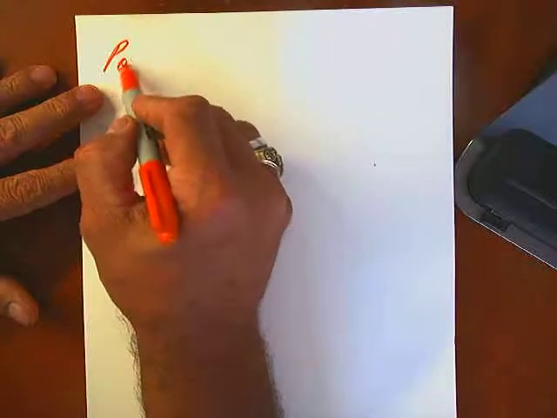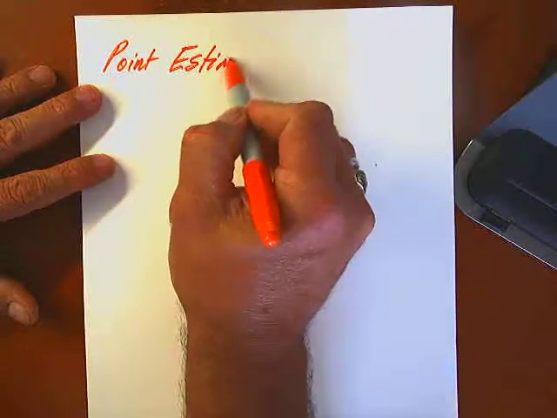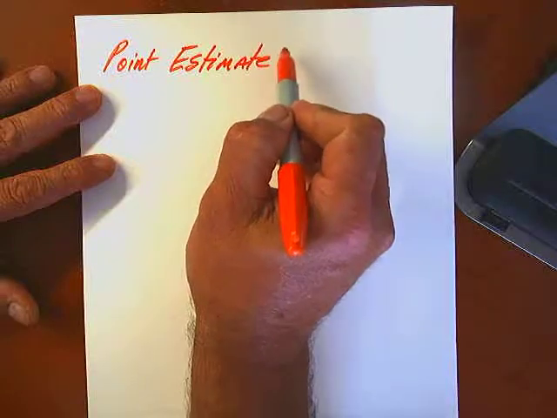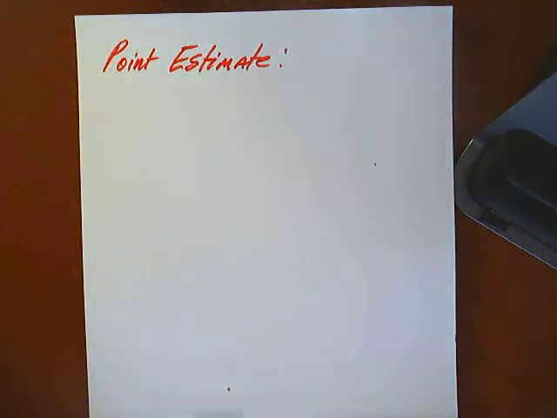Now, in order for inferential statistics to work, there's several things that we have to have. The first thing is called a point estimate. That's the first thing that we need, a point estimate.